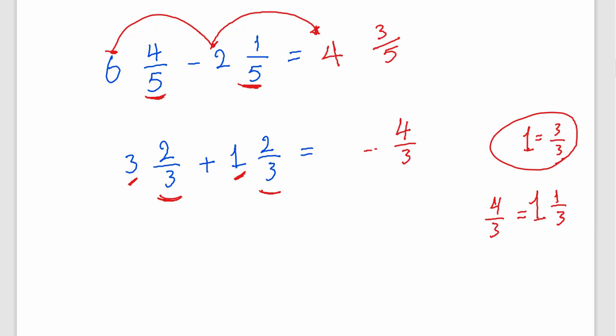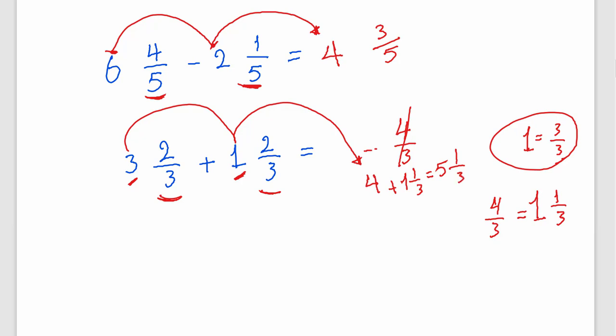So I will replace this one with a whole 1 and a third. And I have 3 plus 1 equals 4. Now 4 plus 1 equals 5. So it's 5 and a third. I'm not very good at doing this.